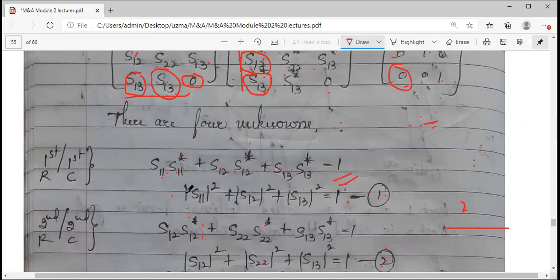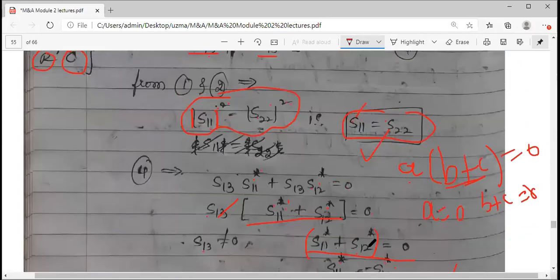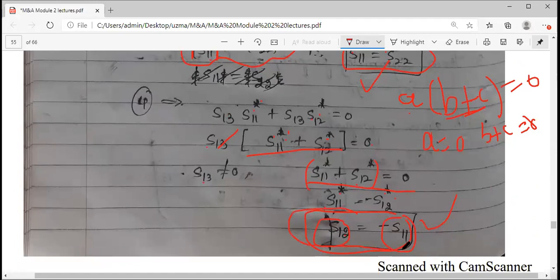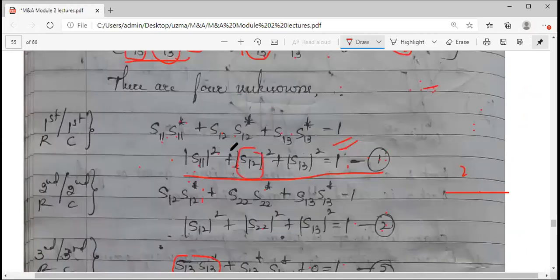So if I take equation 1, S11 square plus S12. What is S12? Just now we have concluded that S12 is equal to minus S11. I can substitute that here in equation 1. Instead of S12, I can take minus S11.